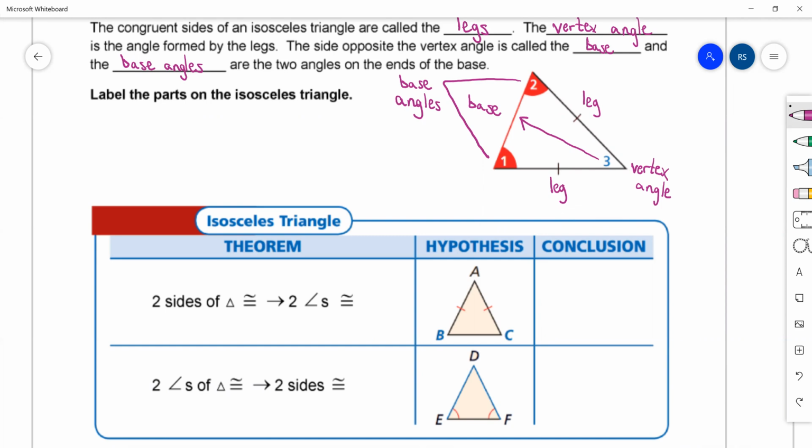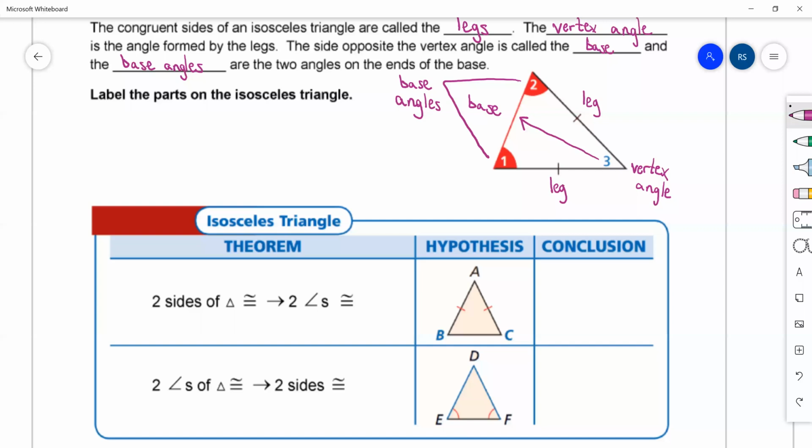So we're actually kind of ahead of ourselves. It says to label it. Well, we labeled it. Angle 3 is your vertex. Angles 1 and 2, not only are they congruent, but they are base angles. Then we've got our legs and our base labeled.